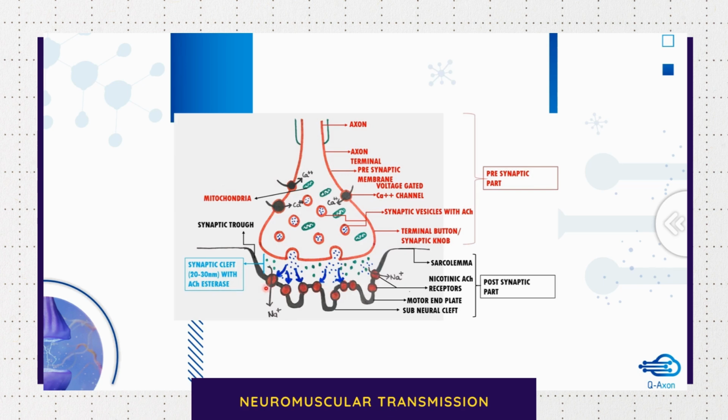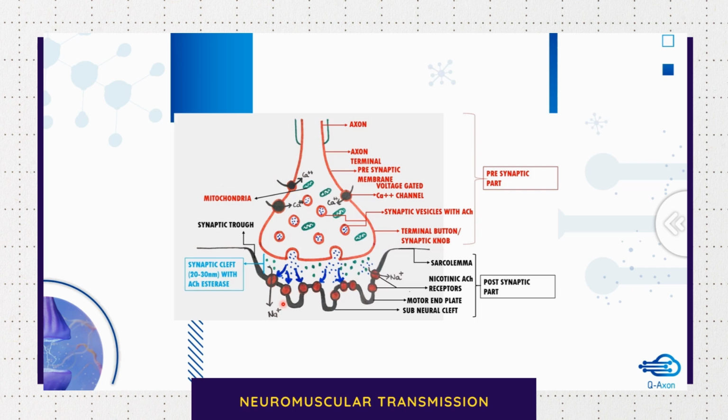Therefore, there is opening of sodium channels because these are ligand-gated sodium channels. So once these channels open, sodium ions abruptly enter in large amounts into the muscle fiber. So that leads to generation of a small potential here because there is depolarization. That small potential is called end plate potential.